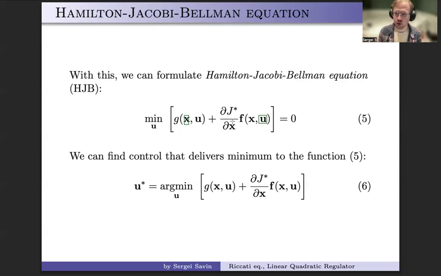When u agrees with the optimal policy, of course, this condition should hold. But x, on the other hand, we can choose. x also has to agree with the control policy and initial conditions, but we are free to think of any initial conditions. So x, in a sense, we can choose.